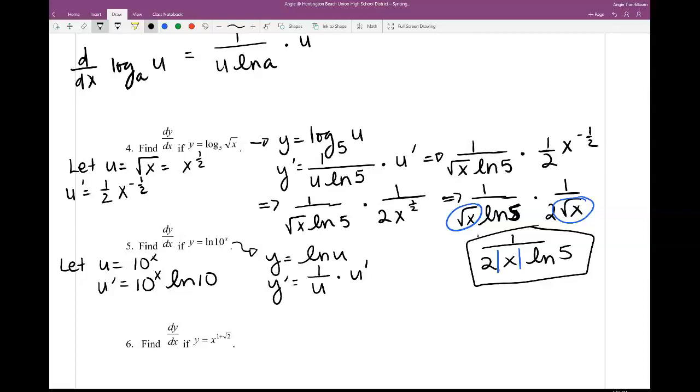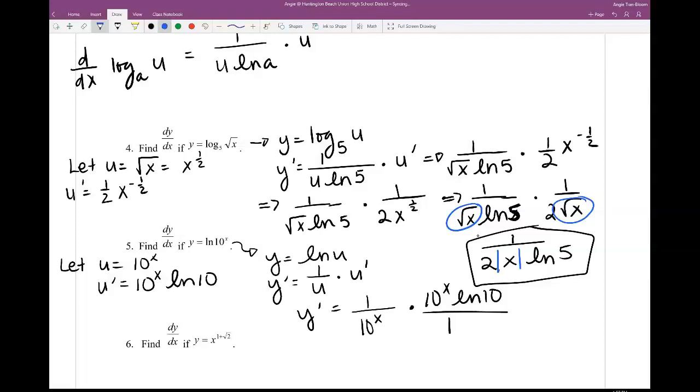Of course, good job. All right, from here, we will continue further. Let's substitute in what u is. So it's 1 over 10 to the x times u prime, which is 10 to the x times natural log of 10. And I'm just going to make this into a fraction, okay?